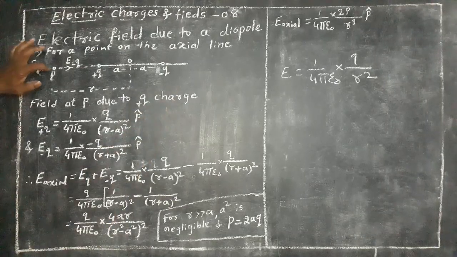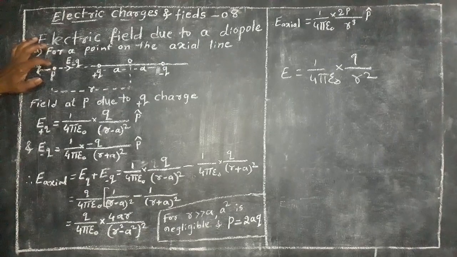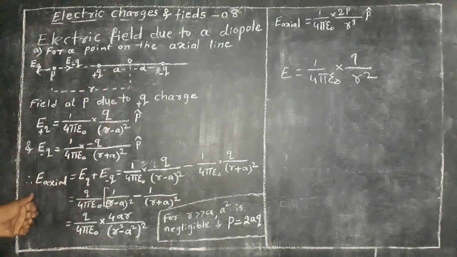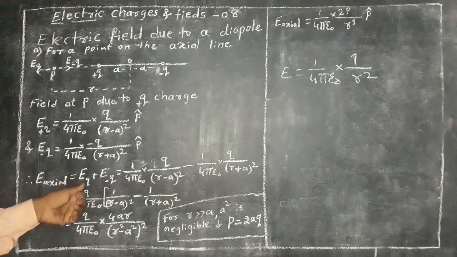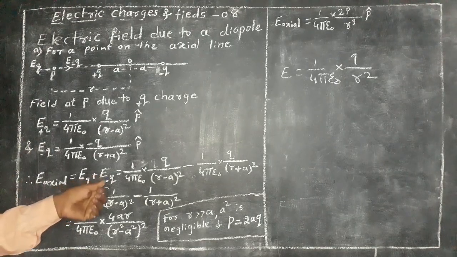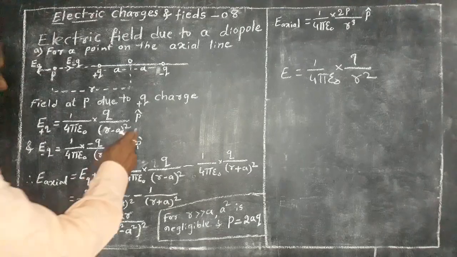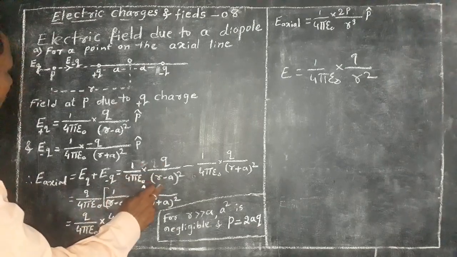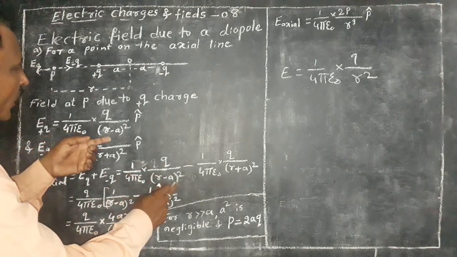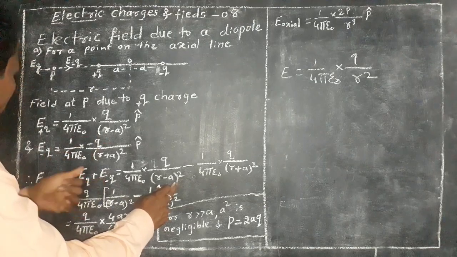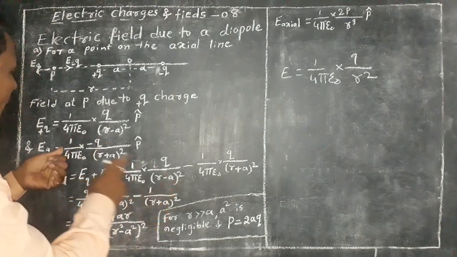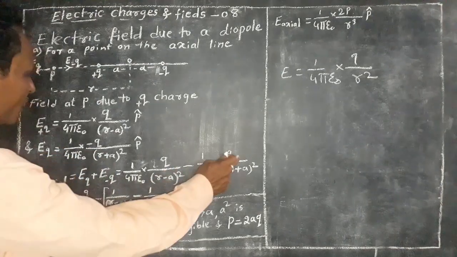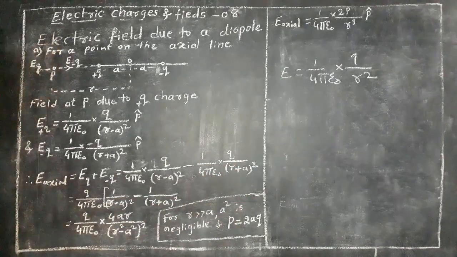Now the total or net electric field at P due to plus Q and minus Q charges is E axial equal to E plus Q plus E minus Q. And here E axial equal to 1 upon 4 pi epsilon naught into Q upon R minus A whole square, plus E minus Q, that is minus 1 upon 4 pi epsilon naught into Q upon R plus A whole square.